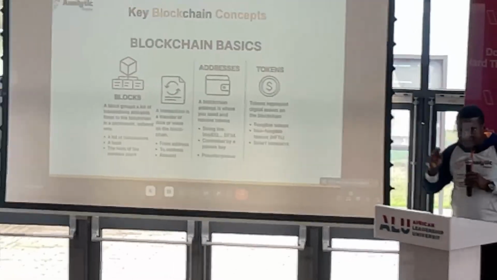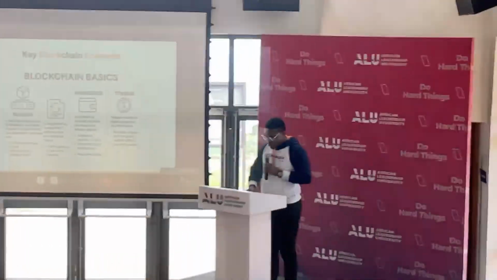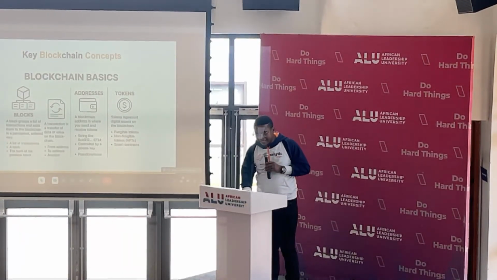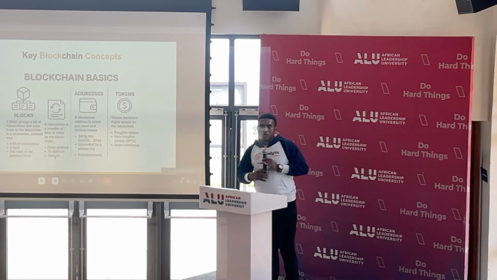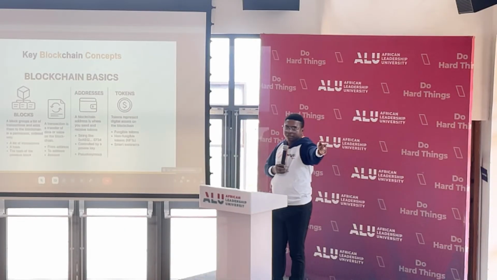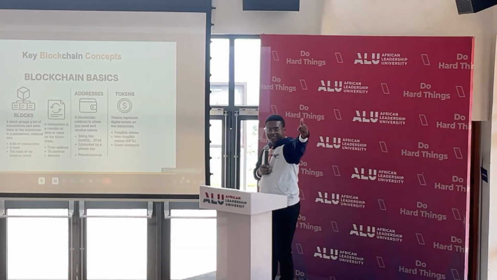Now, a transaction is a transfer of data or value on the blockchain, like I said, from address to address, and what? Amount. When she gave us the content in the receipt, she mentioned invoice number, the sender, and the recipient.